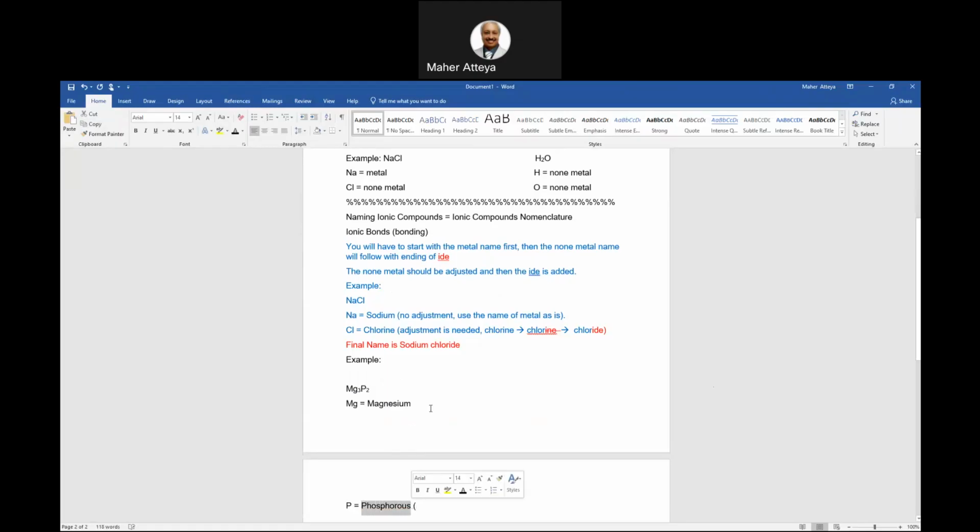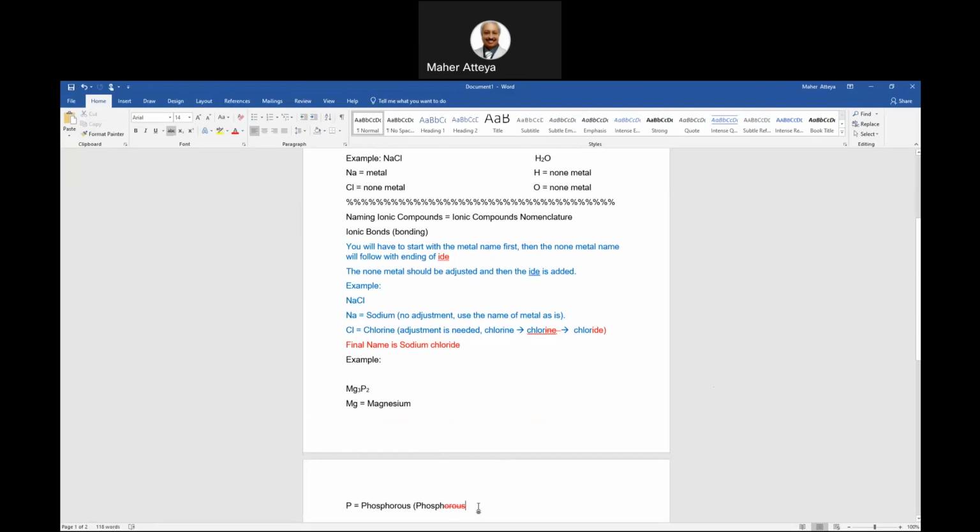You can see me here, and you'll see the adjustment you will need to do is take the OROUS out, and then take phosphide. So you take OROUS out. So this one here will be out, and then will be red, so you can see.